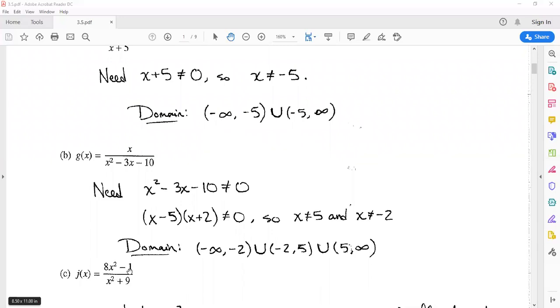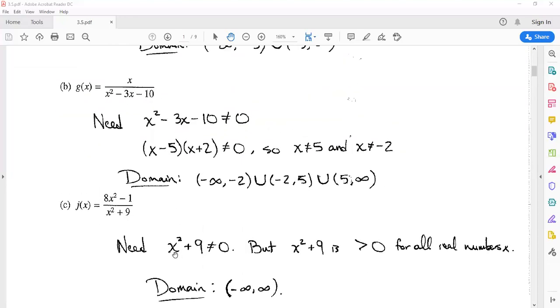They give us 8x squared minus 1 divided by x squared plus 9. We need that x squared plus 9 does not equal 0. But I'm pretty sure that x squared plus 9 never actually equals 0. Think about it. If you take a real number and square it, then it becomes greater than or equal to 0, right? So x squared is always greater than or equal to 0.